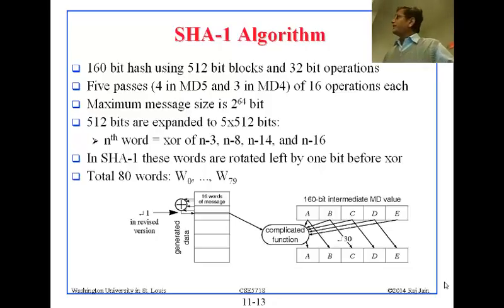So anyway, 512 bits, basically what they do is they convert that into 5 times 512 bits. So every word is basically copied 5 times as follows. The nth word is exclusive OR of the n-3, n-8, n-14, and n-16th words.